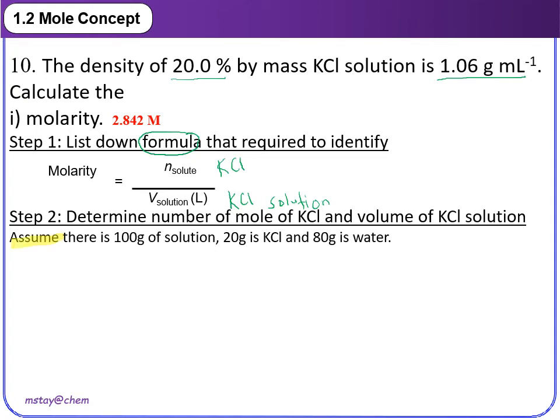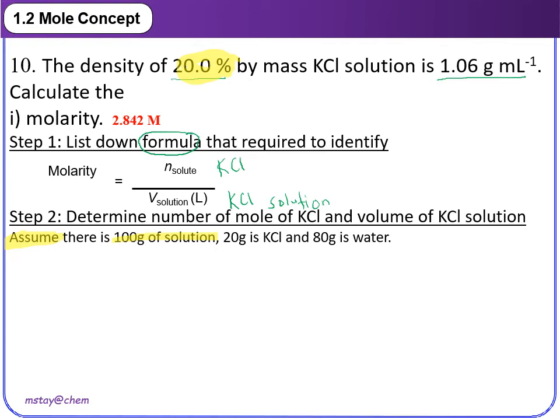Assume there is 100 gram of solution. Why do we assume 100 gram of solution? Because in the question they give us 20% by mass of KCl solution, so it will be easier. We assume 100 gram of solution, which means there will be 20 gram of KCl and 80 gram of water.